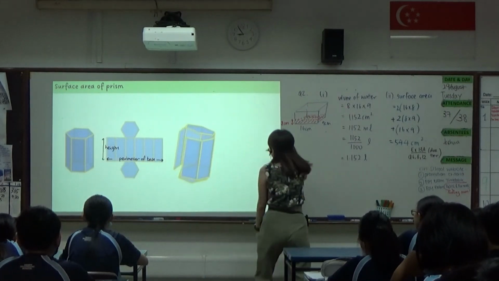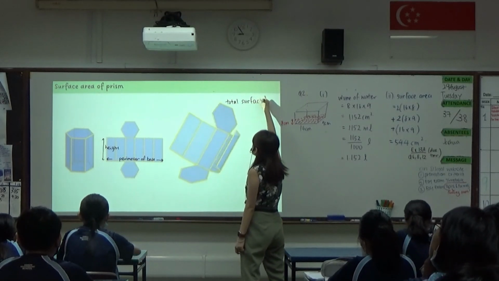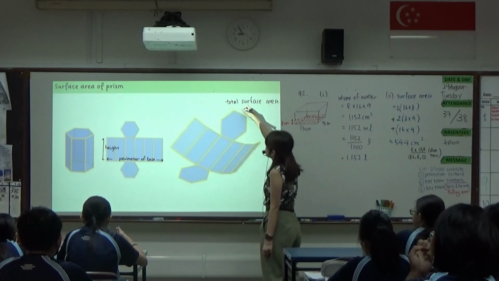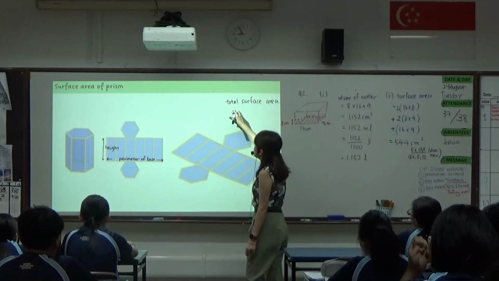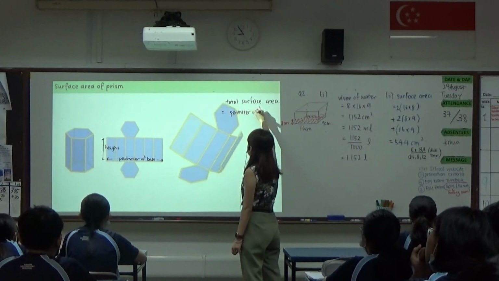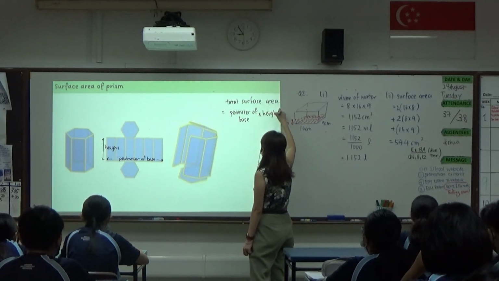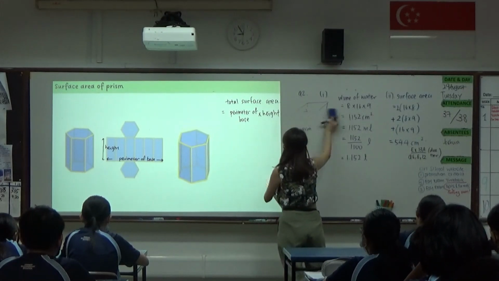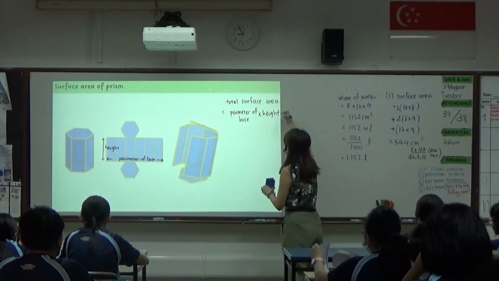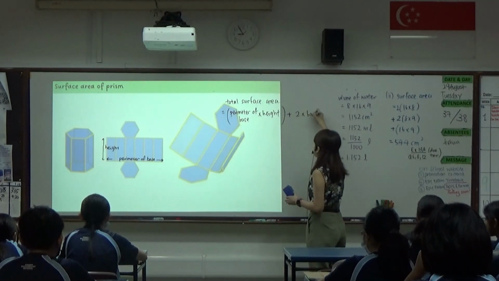So this really explains to us why the total surface area is equal to perimeter of base times height, followed by 2 times base area.